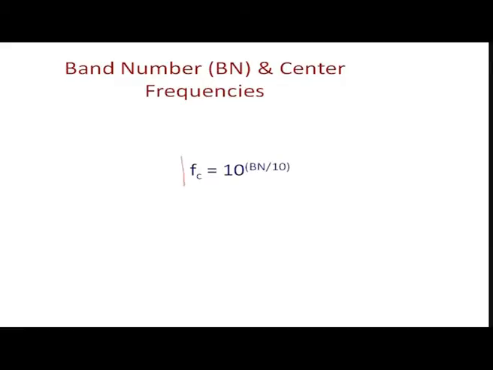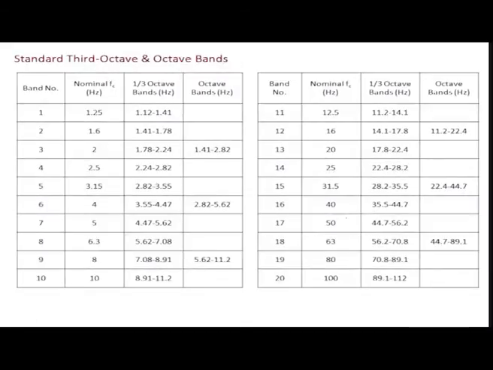This is how central frequency for any 1/3 octave band can be computed. But each time you skip 3 bands, you end up with an octave, right? So we'll close this discussion on octave bands by looking at this chart.